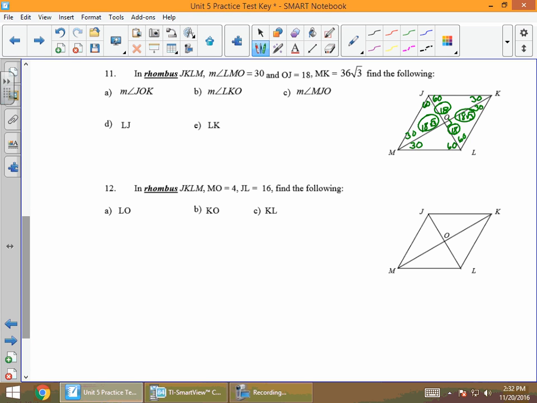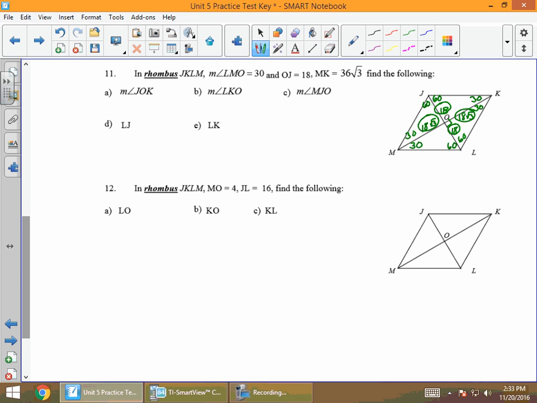All right, so this is a lot of stuff inside of that little rhombus there. So hopefully you can stay with me here. Now I'm going to start finding my A, B, C, D, and E for this problem. Part A wants to find JOK. If you just follow from J to O to K, that is an angle in the center there.